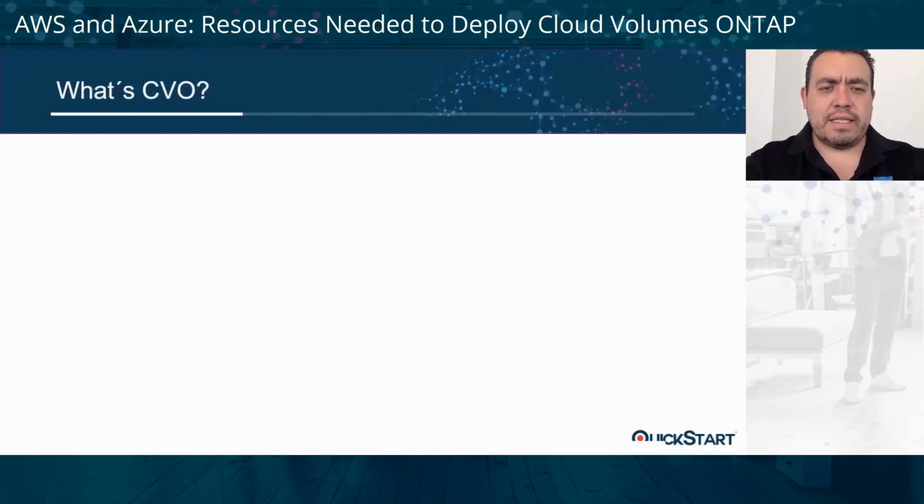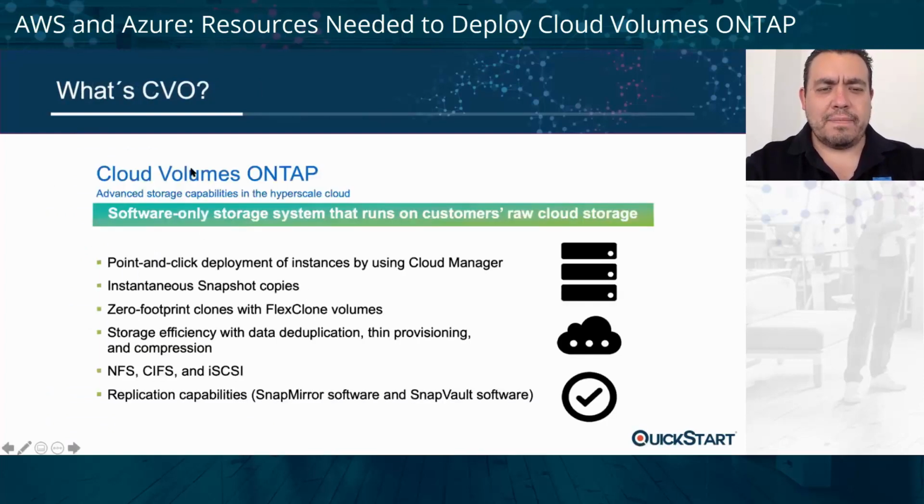So CVO stands for Cloud Volumes ONTAP. It's like an ONTAP VM, let's say, like ONTAP Select, that you can deploy in a public cloud. Right now, NetApp supports CVO on Azure, AWS, and GCP as well. And we can do so many things with CVO. As you can see, we can take snapshots, we can do cloning, we have deduplication, compression, thin provisioning, and CVO supports 3 protocols.